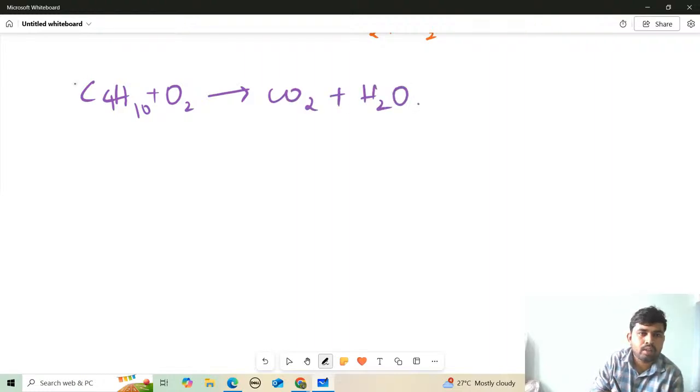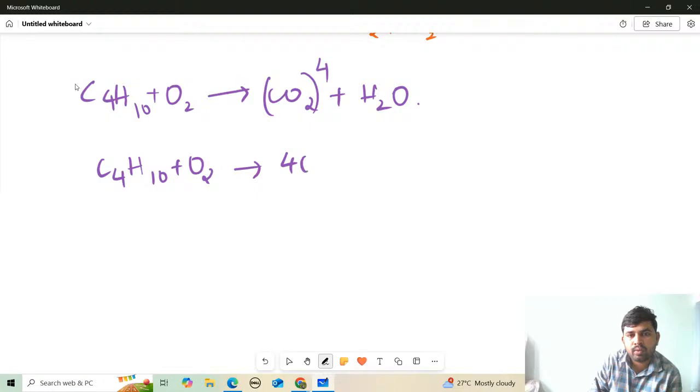So you can balance here. Four carbons are there, so we'll multiply this with 4. C4H10 plus O2 gives rise to 4CO2 plus H2O.